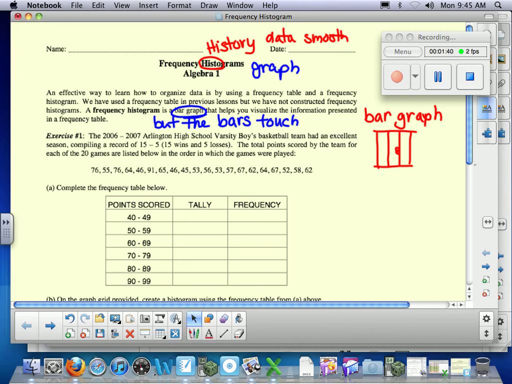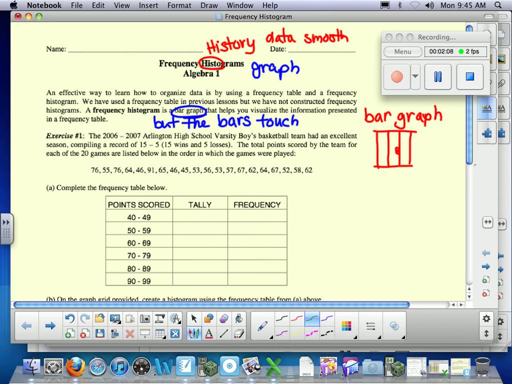So our first example, we have a varsity basketball team, and these were the points in the games that they won or lost. Okay, the points that team scored. So the first thing we do is create what's called a tally. And to do a tally, you simply put a mark that represents however many pieces of data fit in there.